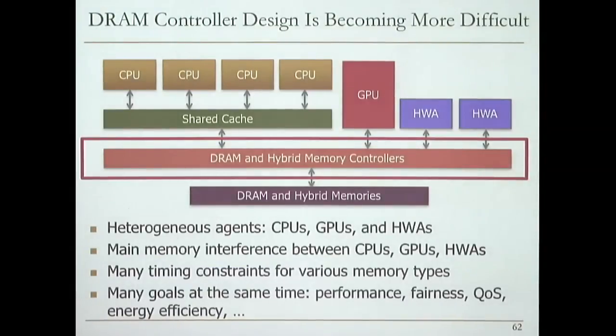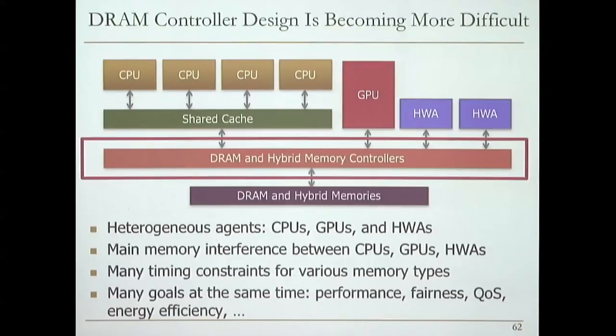OK, so this is actually becoming more difficult. I've shown you this picture before, if you remember. Not only are controllers getting more complicated, they're controlling more things. First of all, they're receiving requests from different heterogeneous agents. They need to hopefully adapt to them, which means there's more interference between those agents. There are many timing constraints for different memory types that they may be controlling.